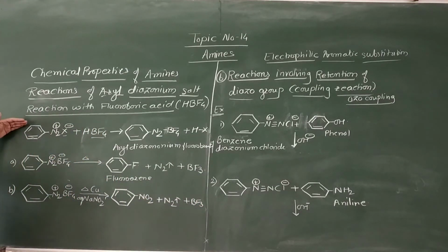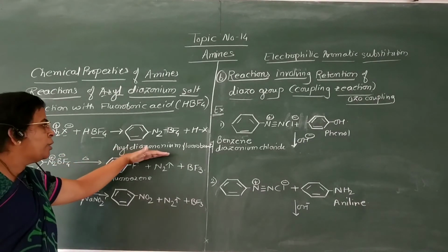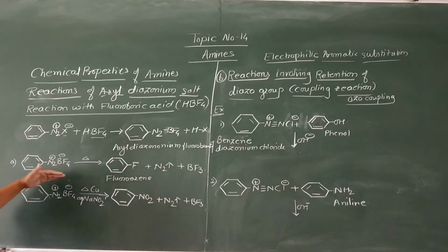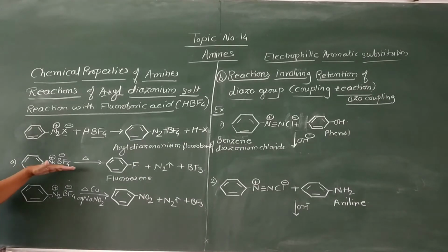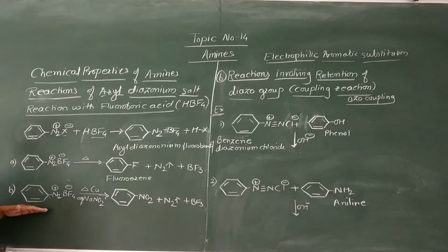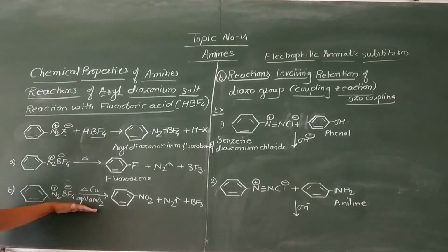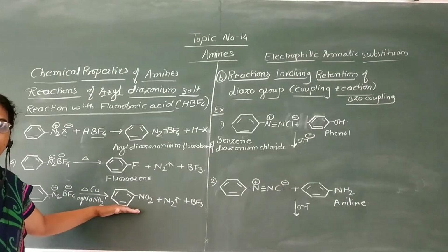In this way, this aryl diazonium halide, when treated with fluoroboric acid, gives aryl diazonium fluoroborate. This aryl diazonium fluoroborate, when strongly heated, gives fluoroarene, and when heated with copper in presence of aqueous sodium nitrite, gives nitroarenes.